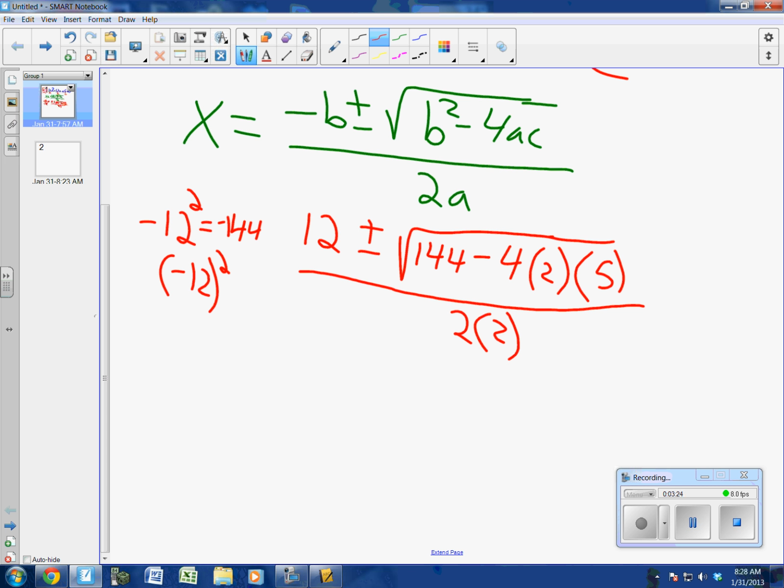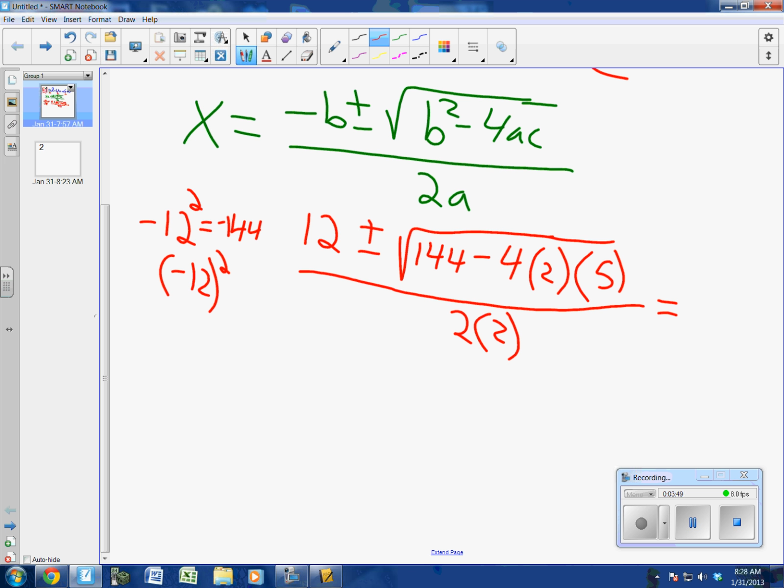I want you to always practice doing it in your head first, just so you can get some mental math. Then I want you to take your calculator and plug it in, because some of them are a little bit more difficult. Okay? Now take your calculator and just write 144 minus 4 times 2 times 5, just to double check each time. This is where most students make their mistakes, on the part that's underneath the square root, simplifying it.